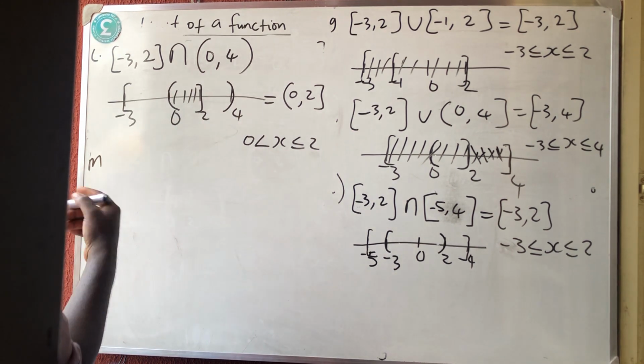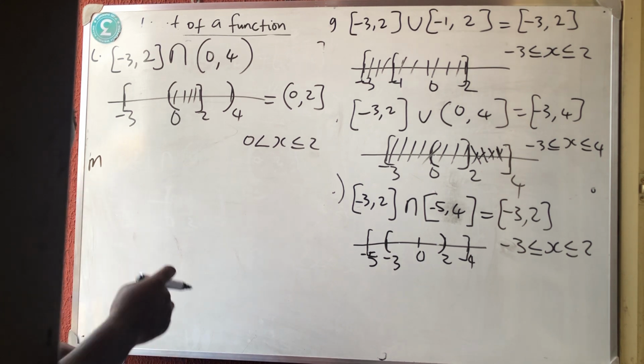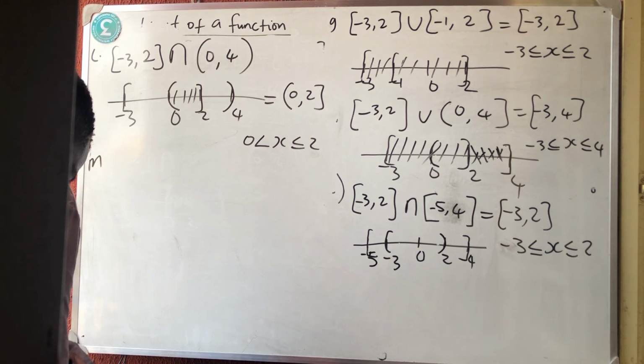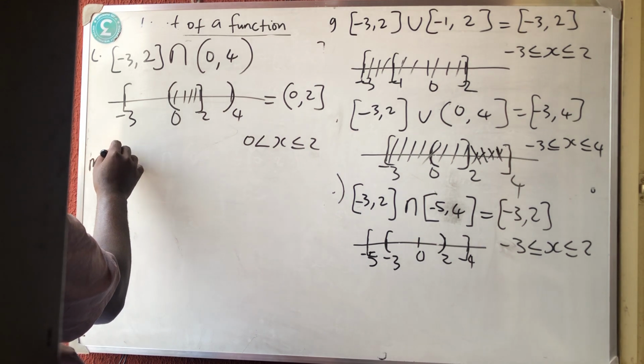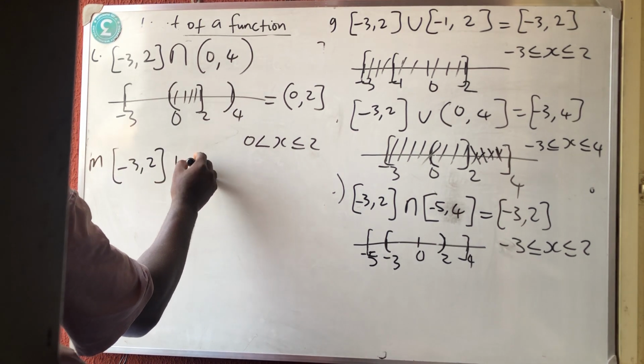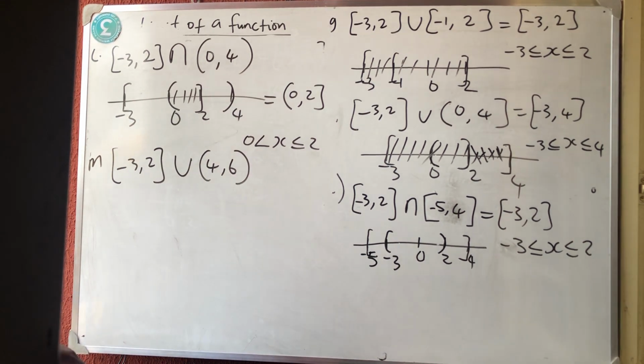Bringing everything together, that is their union. Once you can draw it, it will be easier for you to get the answer. So this one I have minus 3 and 2 union 4 and 6 like this.